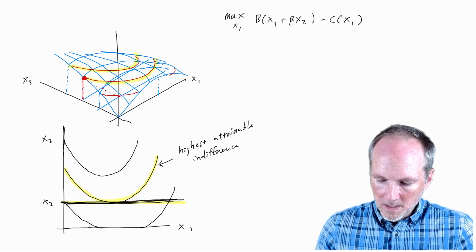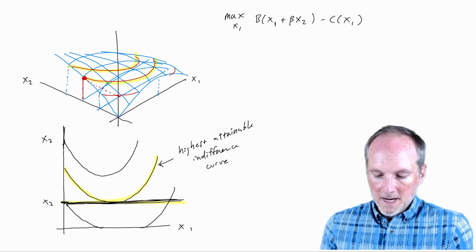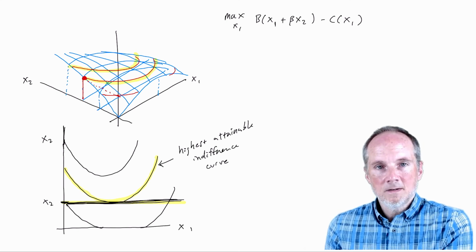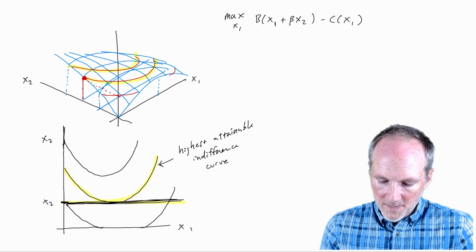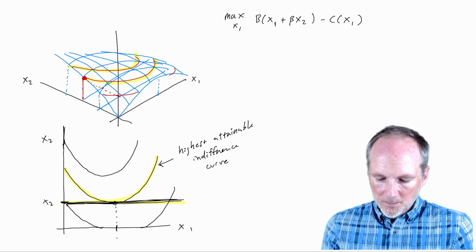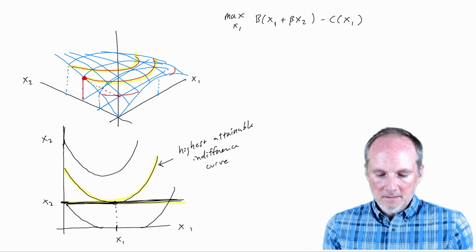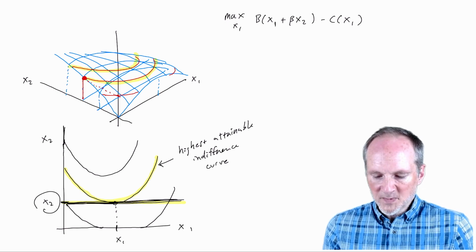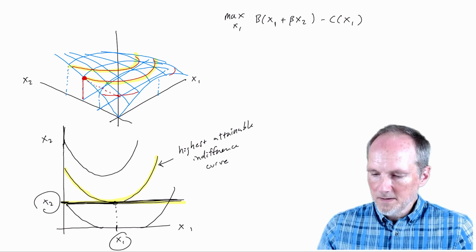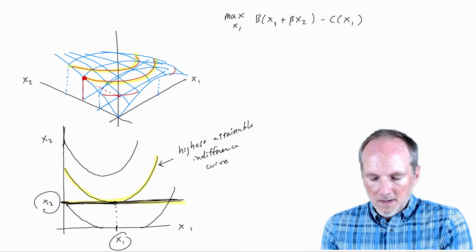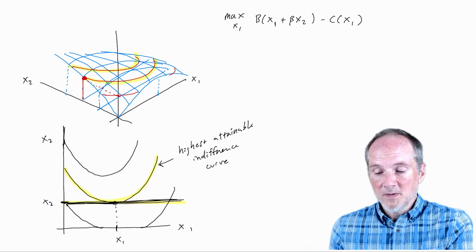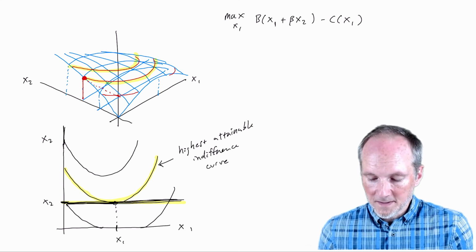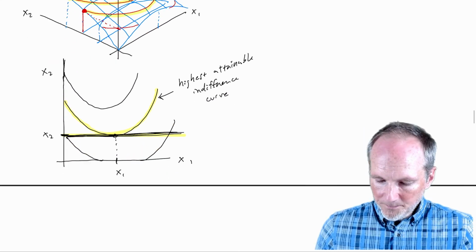And there's a unique choice of x1 that will generate that highest possible net benefit, and it's this one right here. So given this x2, the optimal x1 is this. Okay? You can actually think of this as solving a constrained optimization problem, but remember, they're both doing this simultaneously.